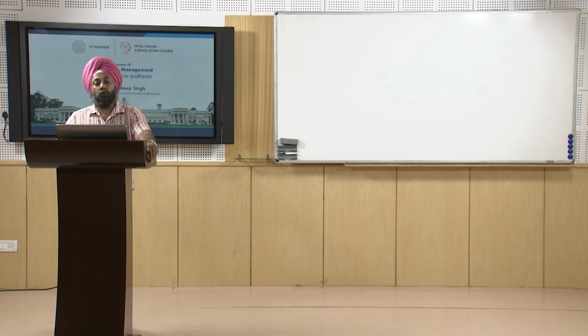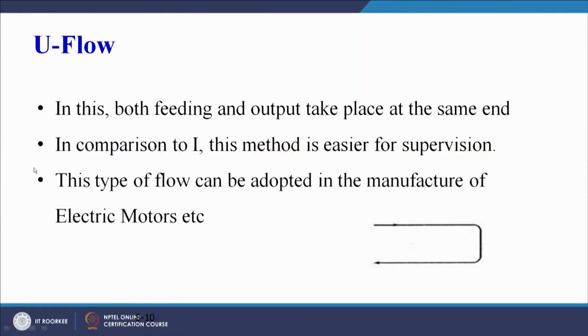Then we can have a U flow on your screen. In this, both feeding, meaning the input of raw materials, and output, that is the final product, take place at the same end. Here we can see a U type, and there is an arrow which points out the movement of the raw material, and another arrow which points out the final product that has been manufactured.